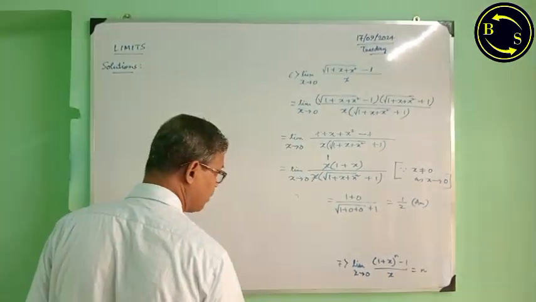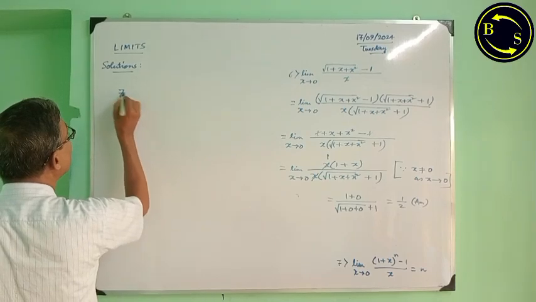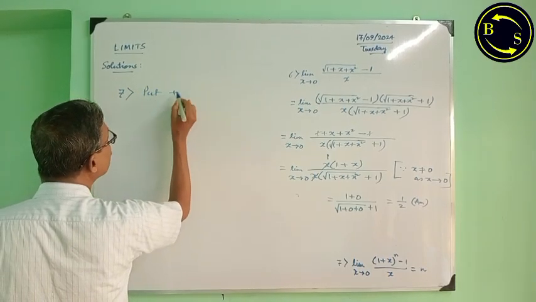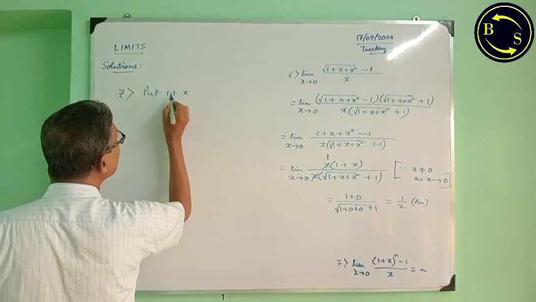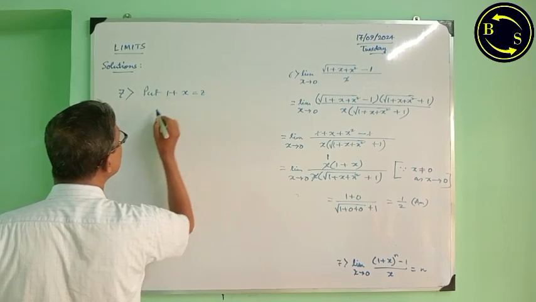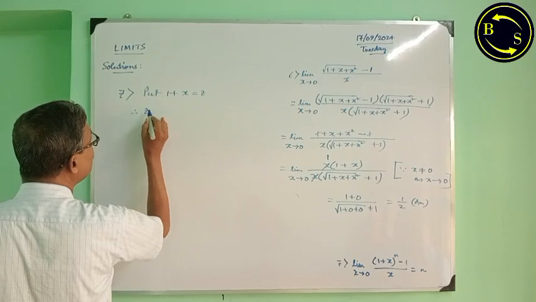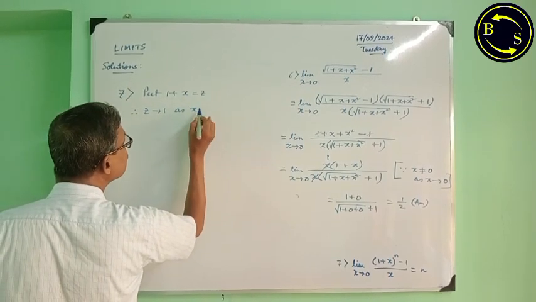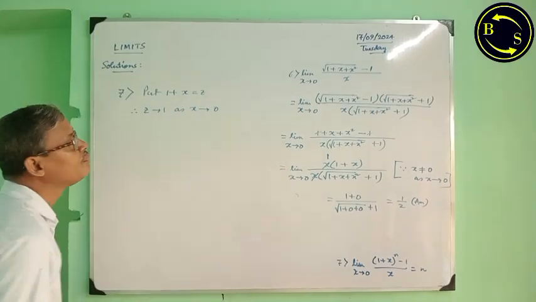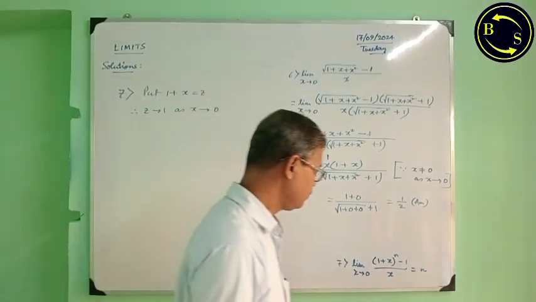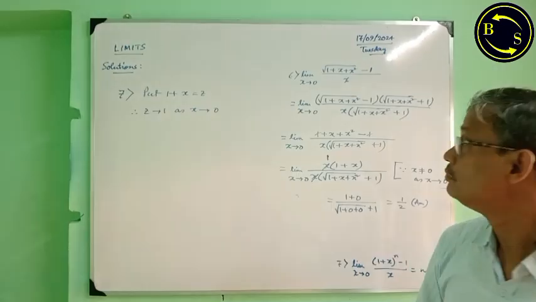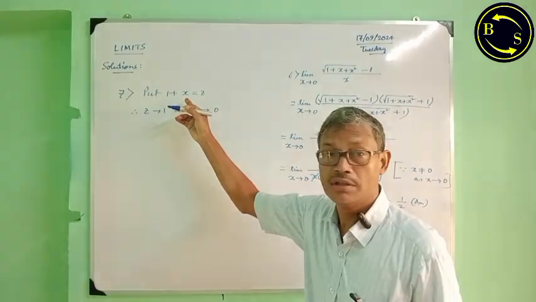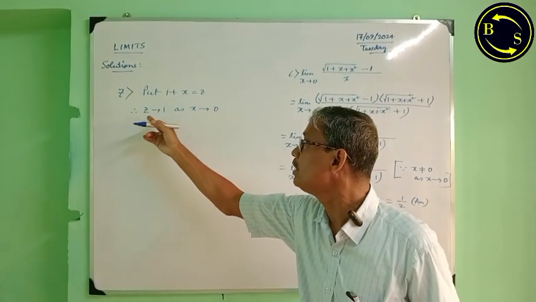For that, number 7, put 1 plus x is equal to z. Therefore, z tends to 1 as x tends to 0. As x tends to 0, that means we put x equal to 0 here, and what we get? z tends to 1.